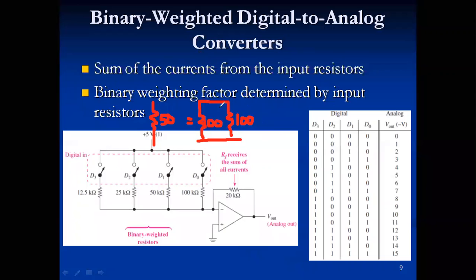So if I have 2 hundredths, and then I'm putting that in parallel with another 100, that would mean the net resistance is 100 divided by 3.